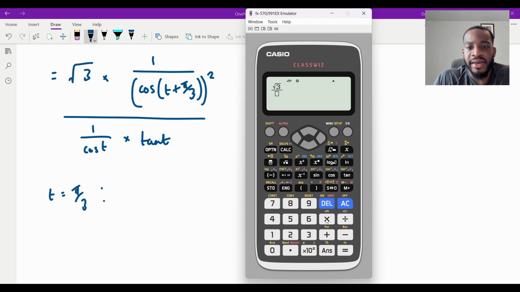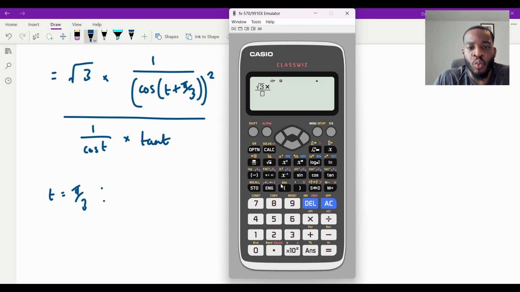I'm going to times by 1 over, I'll put a square there, and then cosine of t, which is pi over 3. I know that's 2 pi over 3, but I'm just writing it like that so it's super clear. So cosine of (pi over 3 plus pi over 3), and then I'm going to square it.